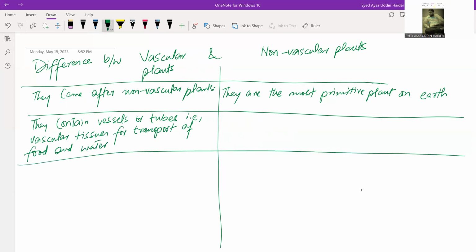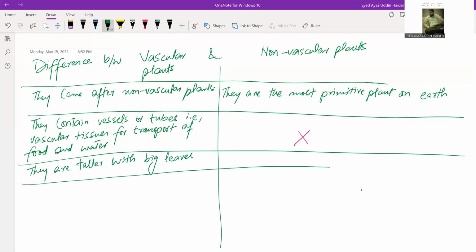On the other hand, non-vascular plants does not have any of these. So I'm crossing this. So vascular plants, they're taller with big leaves. Non-vascular plants, they are smaller with simple leaves.